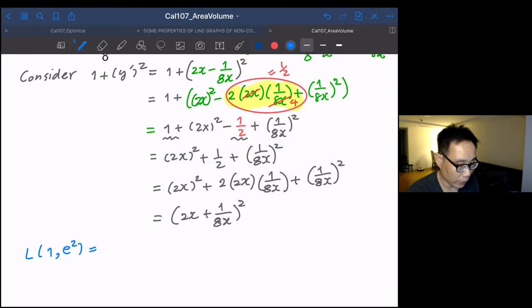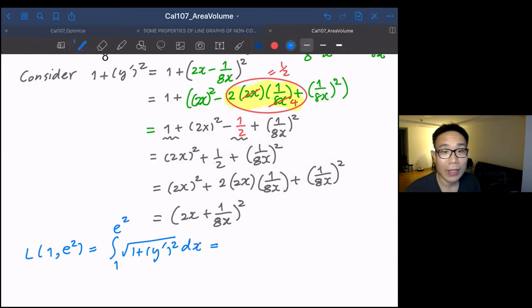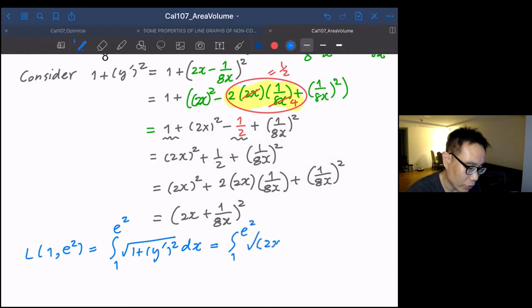So this will be the integral from 1 to e squared of the square root of 1 plus y prime squared dx. Then you have the integral from 1 to e squared of the square root of (2x plus 1 over 8x) squared dx.